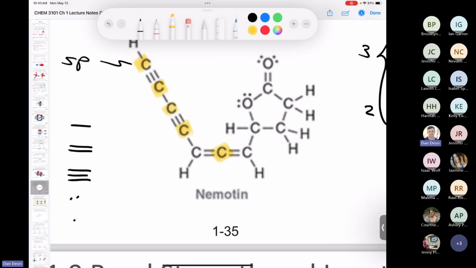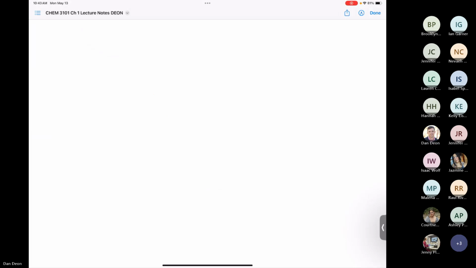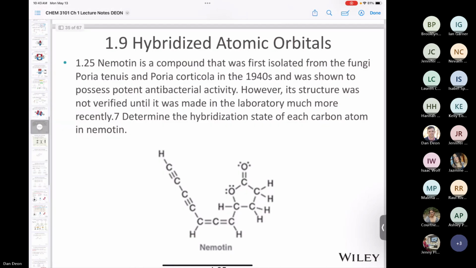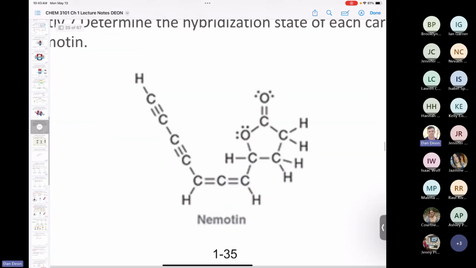All right, what if I highlighted this carbon in red? Could anybody tell me what the hybridization of this one is? It's sp2, exactly. So this guy will be sp2. We could highlight this one as sp2, and this one is sp2. Now all the rest of the carbons, let me fix that.